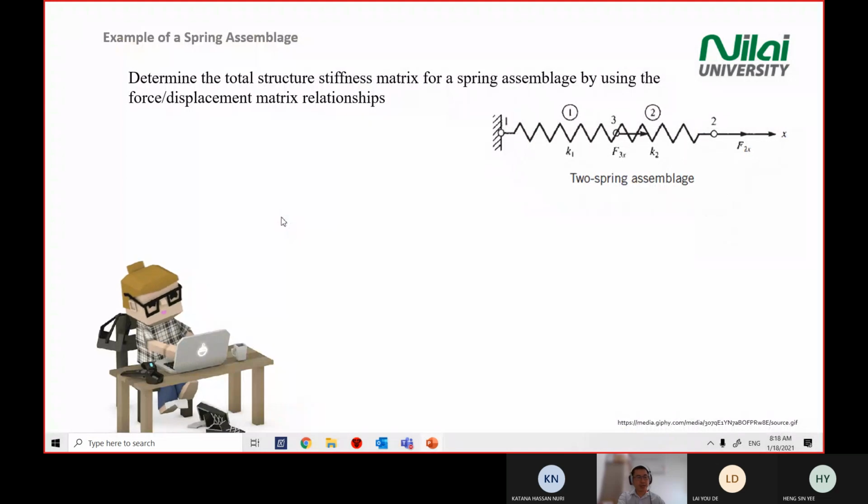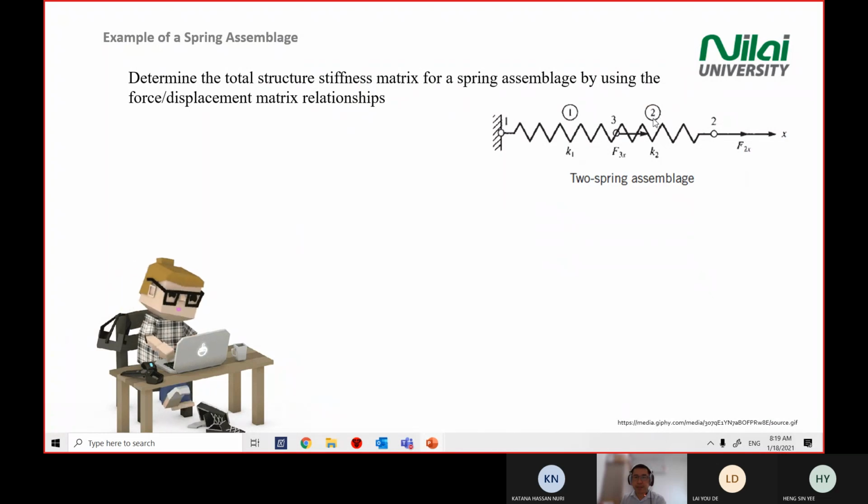Okay, we look at the example. This one is in your question number 3, if you already downloaded or printed out your tutorial. You're given a 2-spring structure. You have spring number 1, given this symbol 1 in a circle, from this node to this node, combined with spring number 2.